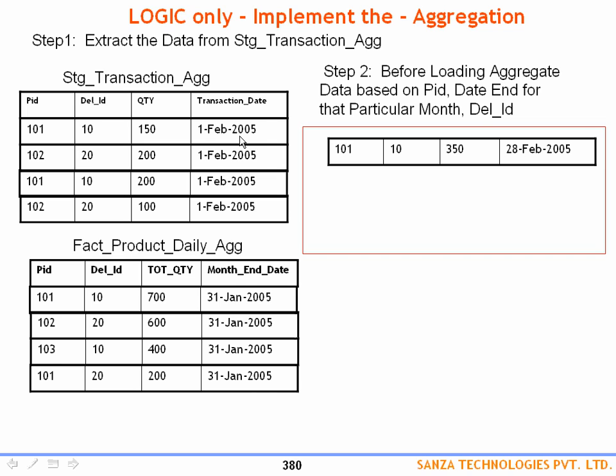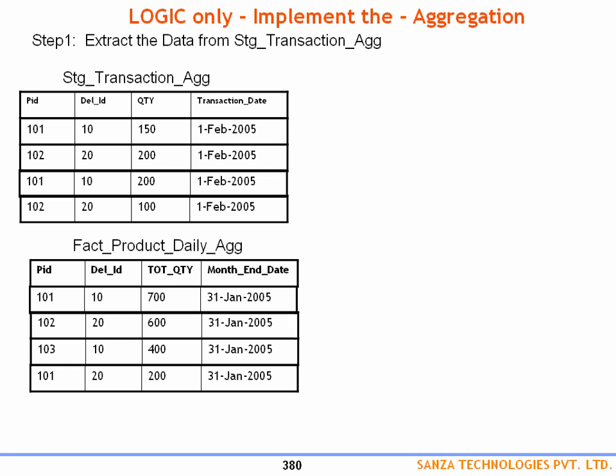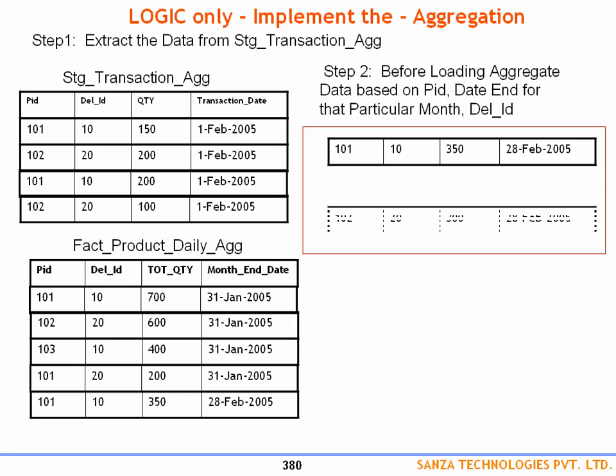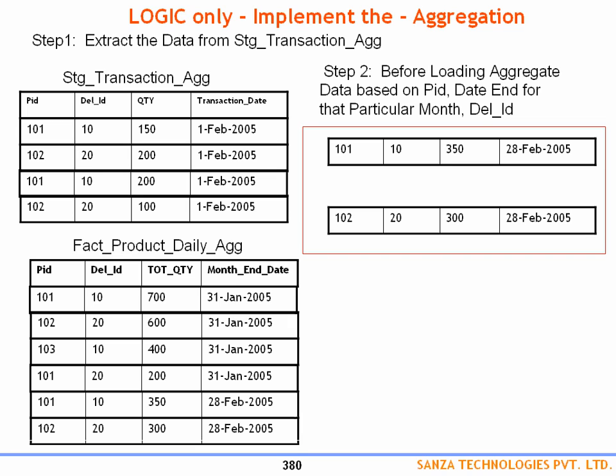We'll convert this into the end date of that month, 28th or 29th, 28th. So 200 plus 100, 150. For that end date, there is no record in this table. So this record will go and insert into the fact table. Then from the stage, 102, 20, you sum the quantity, 300, 28th February 2005 end date, and go and insert it.